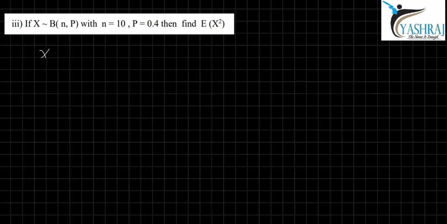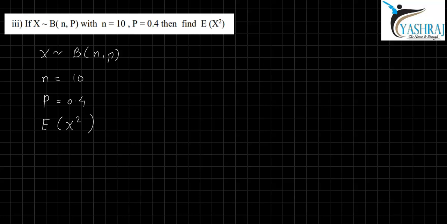If we have given X follows the binomial distribution of n comma p. We have given n equals 10, p equals 0.4. Then find the expected mean of square of a random variable.